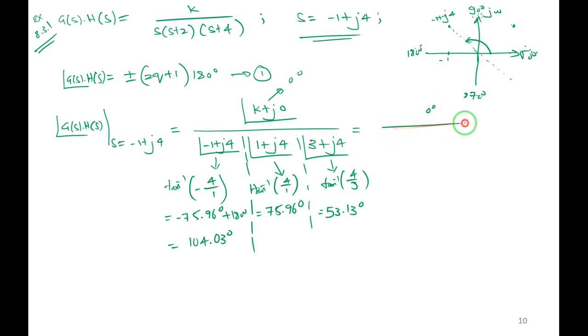Numerator 0 degree divided by denominator, within brackets 104.03 degree, 75.96 degree, and third one 53.13 degree. So always 0 degree minus the sum of all the angles.